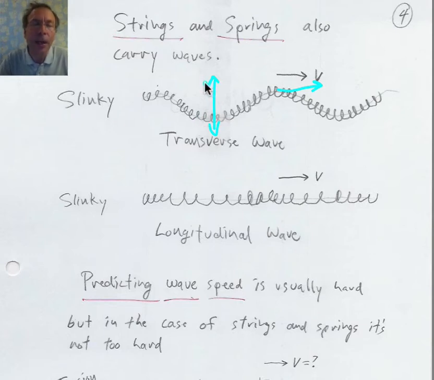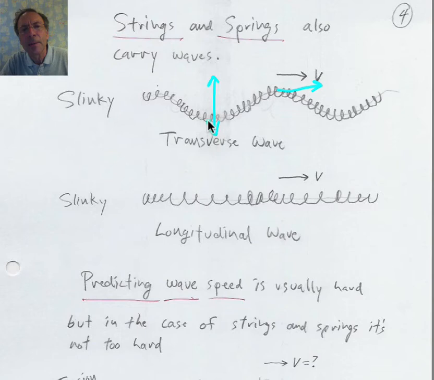Now, actually, springs can carry transverse waves in two polarizations, which is to say that the shaking could be up and down, or the shaking could be going towards you and away from you, which is basically impossible to draw in this diagram.